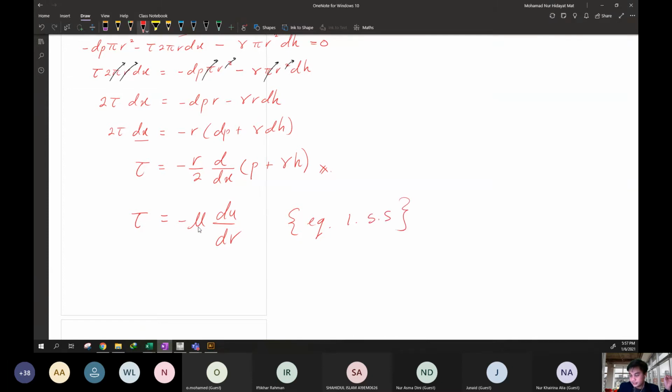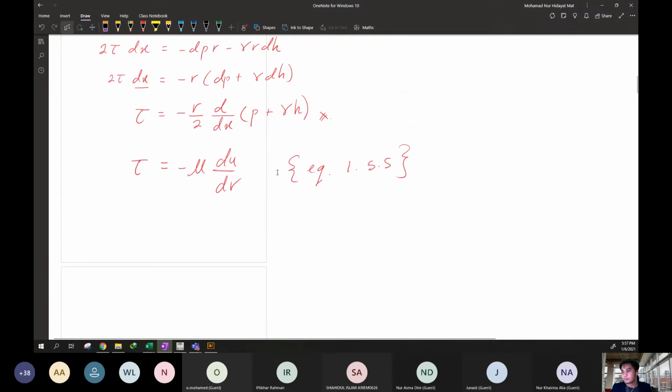Tau equal to mu du over dr. Or tau equal to mu du over dy. Okay, this is the same, yeah? Anyone, do you know why this is negative, this is positive? Anyone would like to try? Is it the same or different?